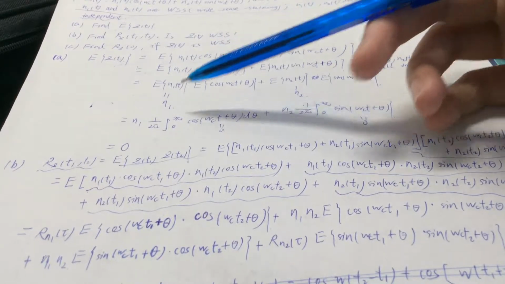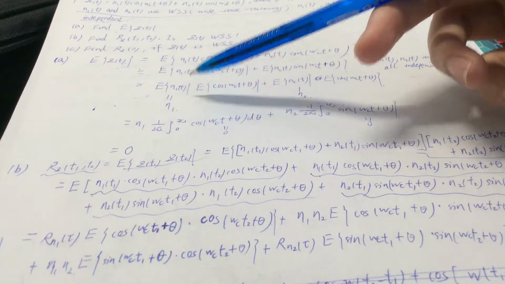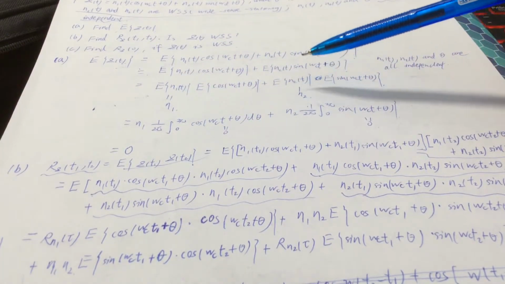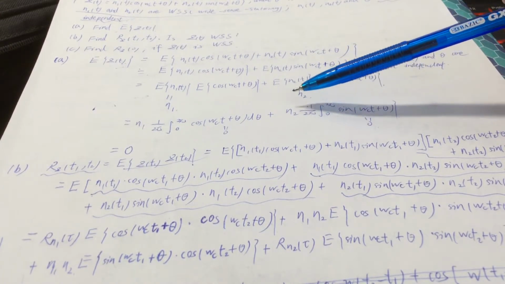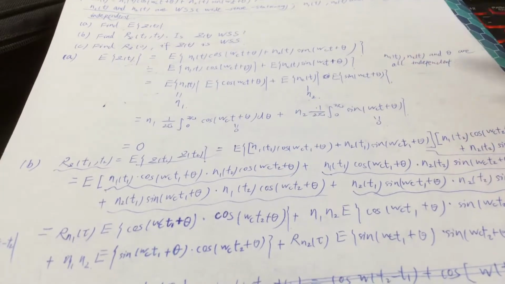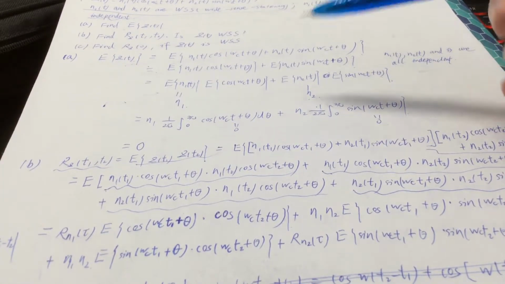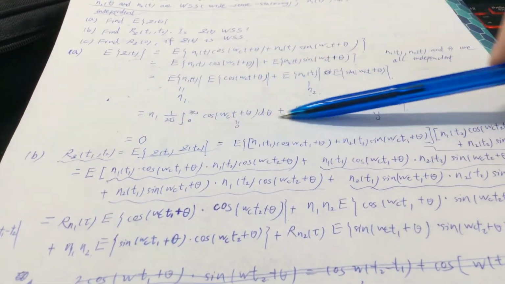And then we know that the mean of N1(t) is equal to η1, and the mean of N2(t) is equal to η2. So we can simplify in the following processing, like this part.